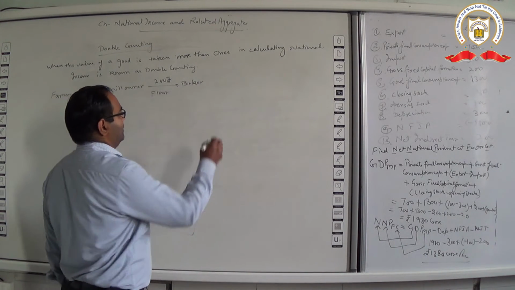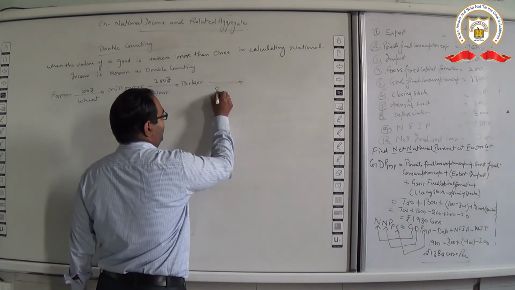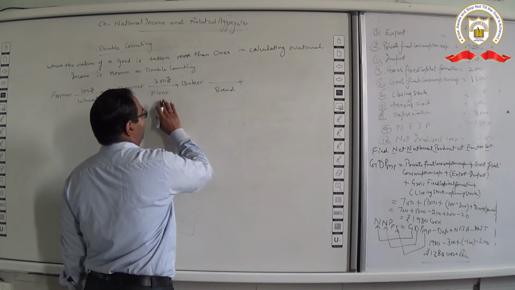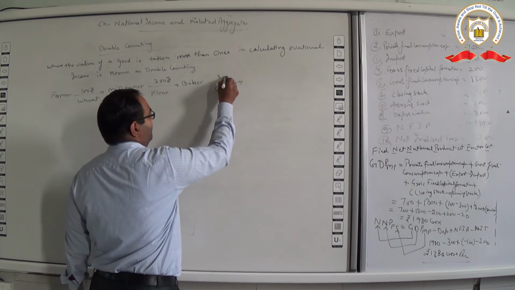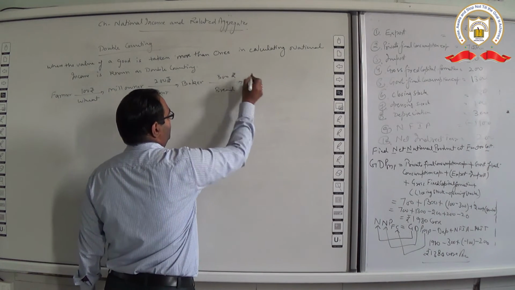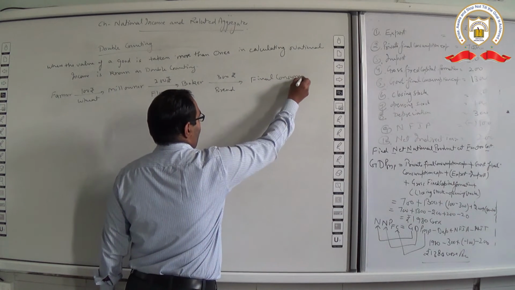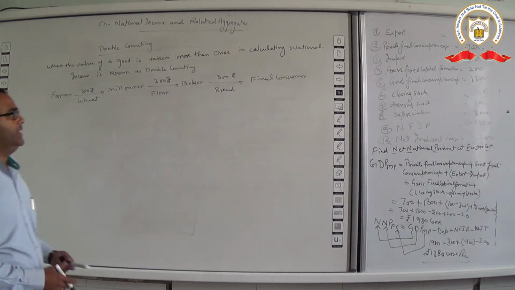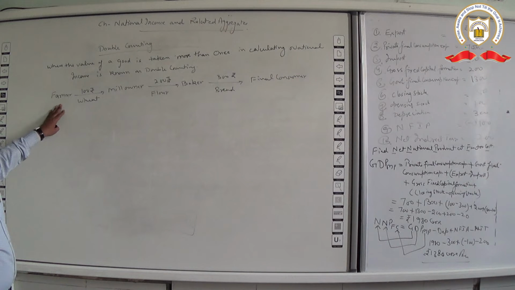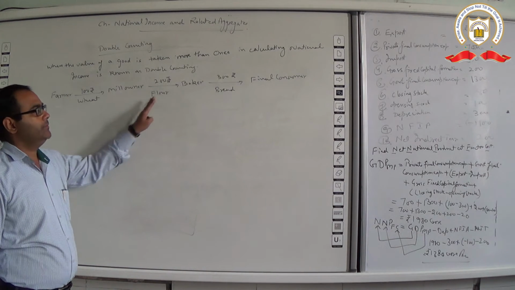Now the baker produces bread from this wheat flour and sells it for 300 rupees to the final consumer. Now in this case we see that the value of wheat is counted more than once.